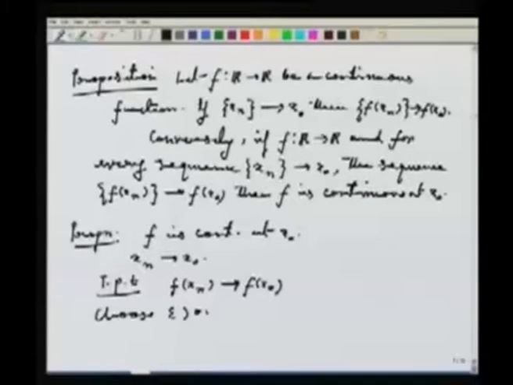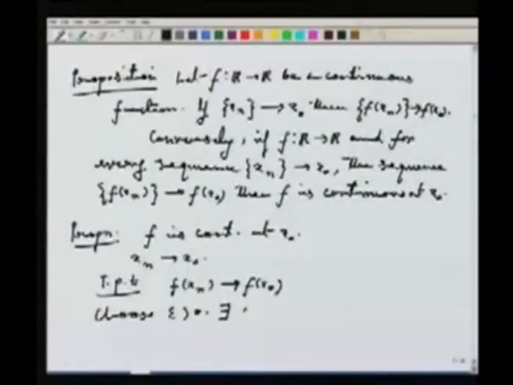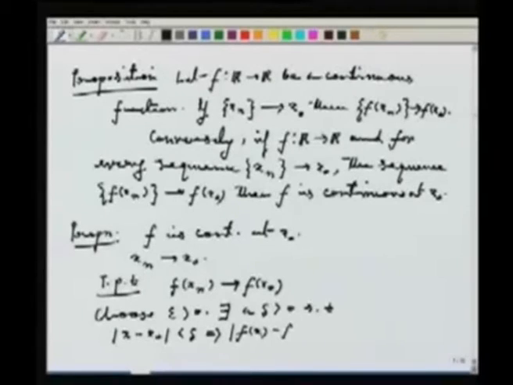Now since I have assumed that f is continuous at x naught, given this epsilon, there is a delta. So there exists a delta bigger than 0 such that mod of x minus x naught less than delta implies mod of fx minus fx naught is less than epsilon.